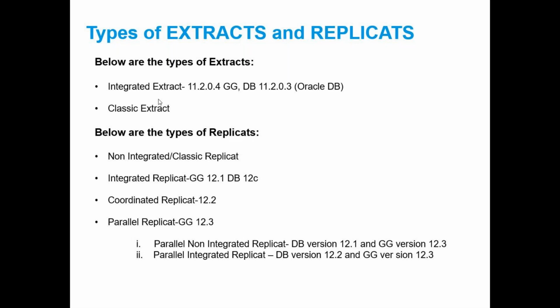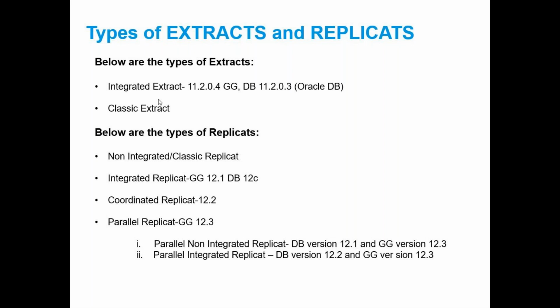Classic replicat is the one which is available since the beginning of GoldenGate. Integrated replicat is available from GoldenGate version 12.1 and database version 12c. So if you are using GoldenGate version less than 12.1 or database version less than 12c, you cannot use integrated replicat. You will have to use only classic replicat.